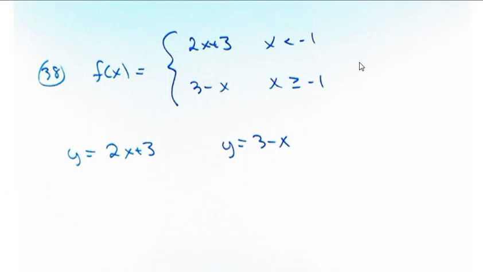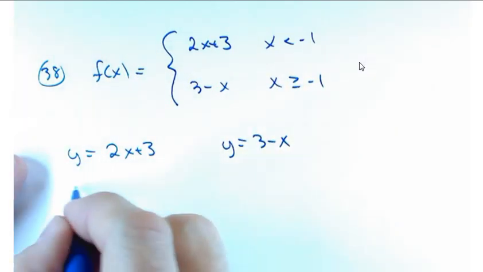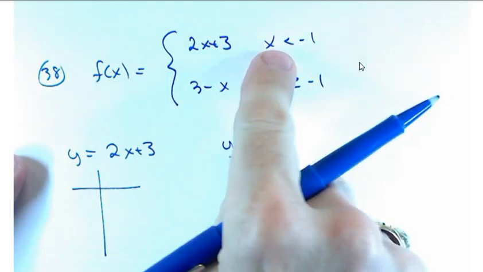Individually, these are both linear functions. In fact, you can double check it by graphing these on your graphing calculator. We just need to make some restrictions on these things because we don't want the complete graph. For instance, here, I want this for values of x less than negative 1.